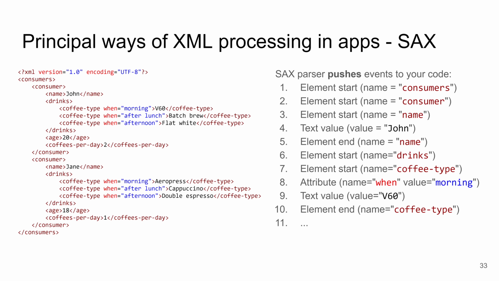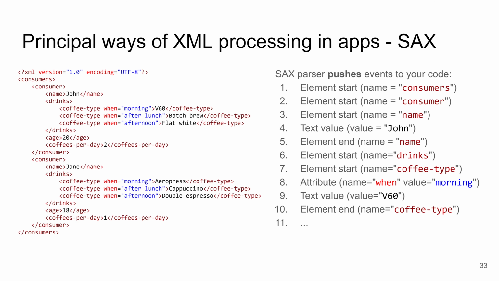So here is an example of how the event stream can look. You can take a look at the XML file on the left, and we'll see element starts, consumers. You'll see that the consumers element starts, and the SAX parser will call your handler of the consumers element.